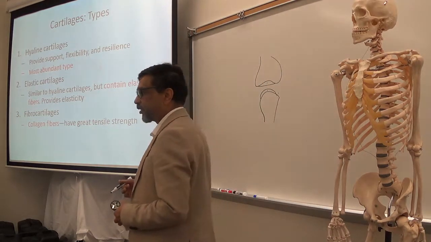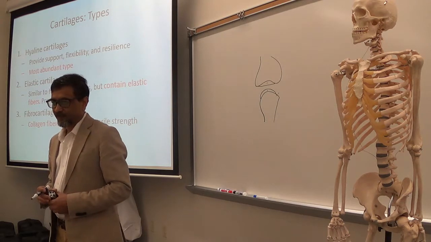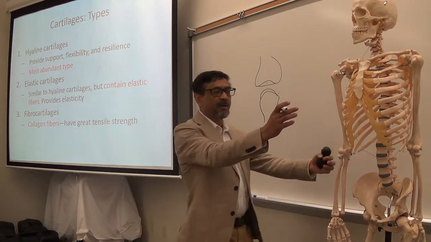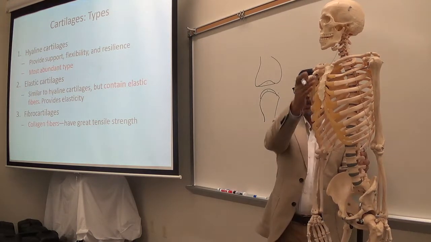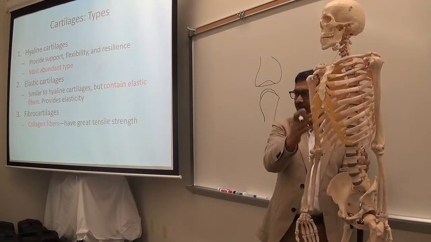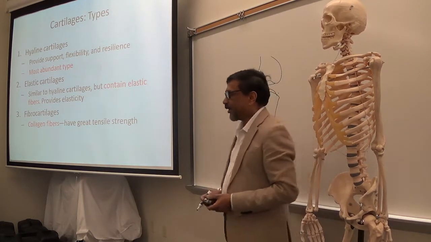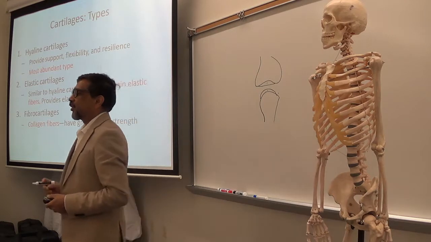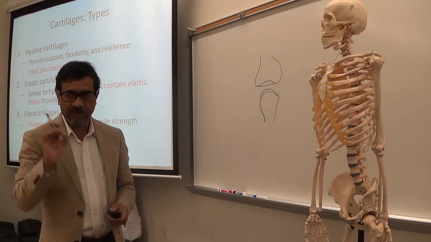Number 4, costal cartilages. You know, the ribs are attached to the sternum by these cartilages, right? These are called costal cartilages. So, if I ask you in which structures you will find the hyaline cartilage, those are the structures.